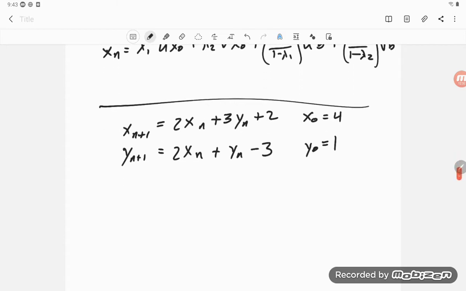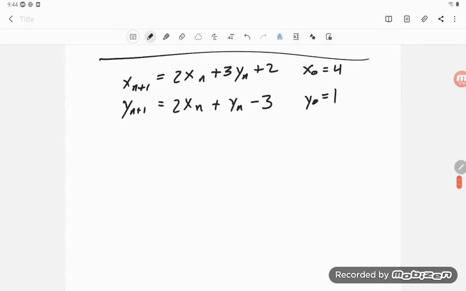So x0 is 4, y0 is 1, and we start with really step 2. We know what the solution will look like, so I'm going on to step 2. The reason I did this is we know the eigenvalues and eigenvectors of this thing.